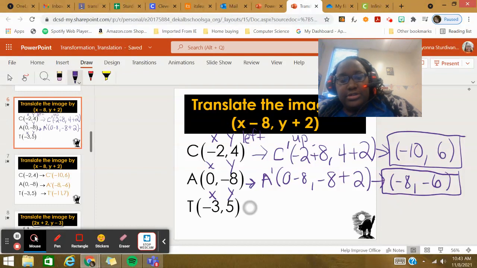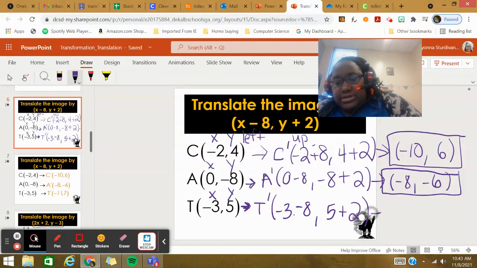And now I'm going to go ahead and do the last example. We have the letter T. So we're going to do T prime. T prime, we have X is -3. So I'm going to do -3 minus 8. And then my Y is 5. So I'm going to do 5 plus 2. So in this case, my T prime, -3 minus 8, again, I would change this to a plus minus.